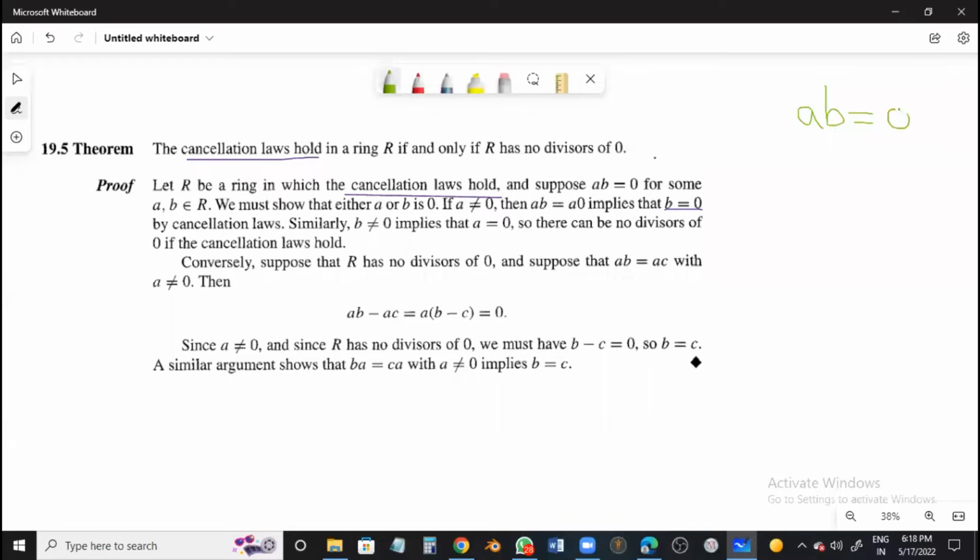Wherever there is product 0, we will see over there and we will try to see whether any of the multiplicands is 0. If none of them is 0, then we'll conclude that there is a 0 divisor. As I have shown that 2 into 3 is 6 in Z6. 2 bar into 3 bar, you know, is 6 bar, meaning 0. Neither 2 is 0 nor 3 is 0. Still the product is 0. Do you agree?